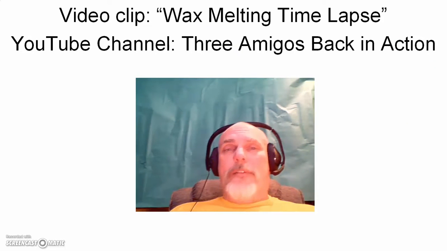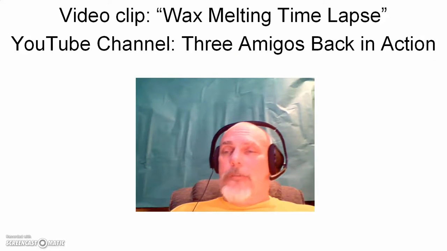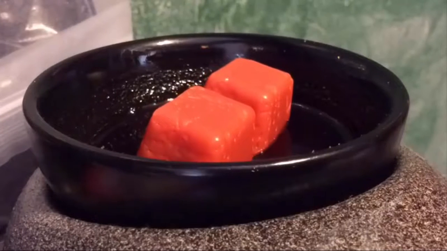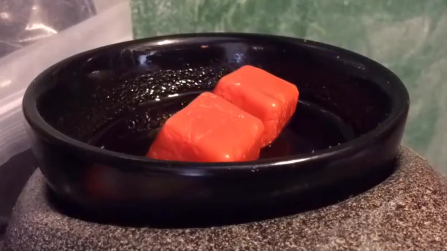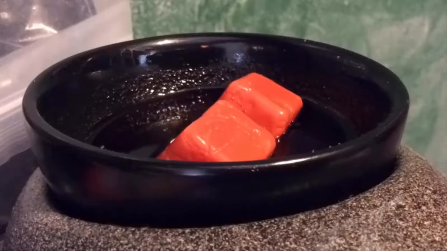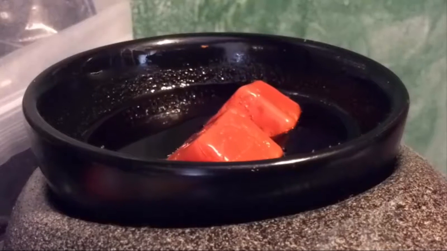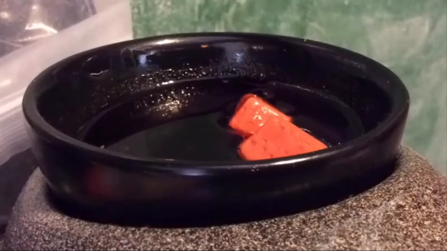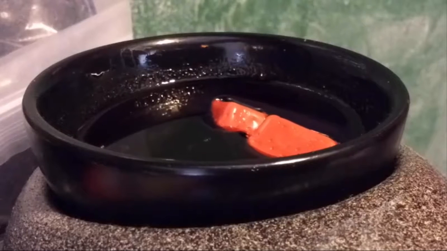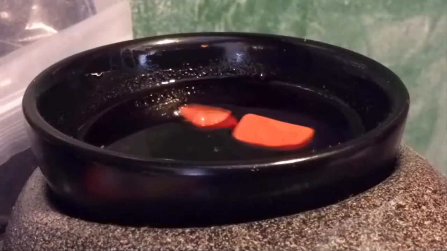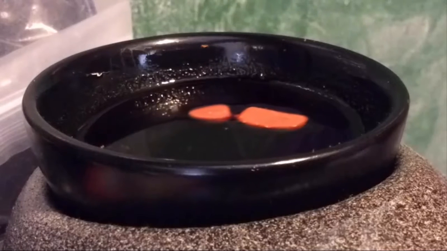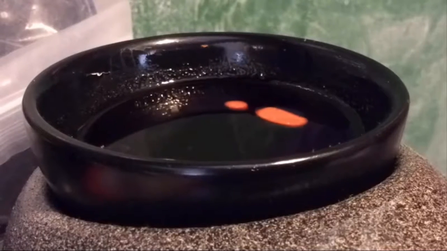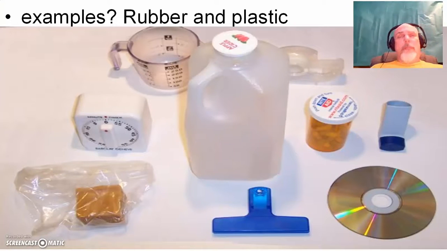Here's a video clip, wax melting time lapse. Examples of amorphous solids: rubber, plastic, glass.